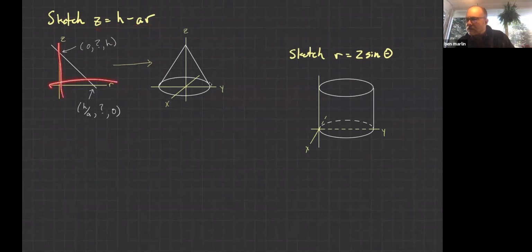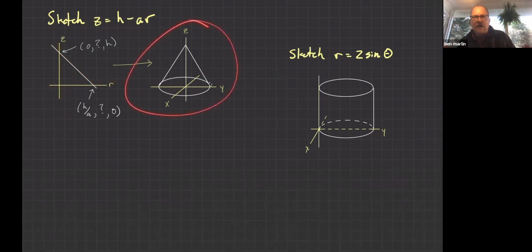And if we looked here and thought about that as being a straight line in the ZR plane, and then we rotate it around the z-axis, the shape that we should get formed in our mind is going to be like this, some kind of a cone. In particular here, since I made the height the h, then you would end up having it hit the z-axis there like that.